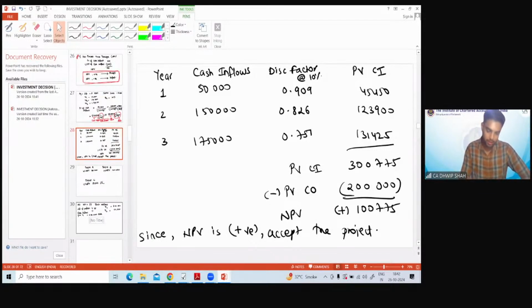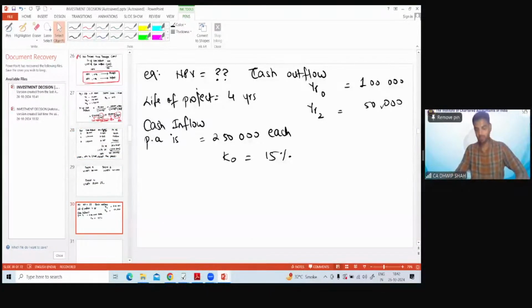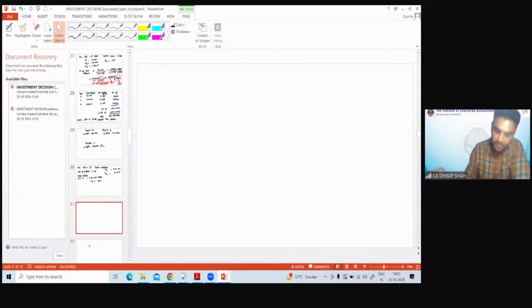Because I want you to explain one thing once you solve this. The question is very simple. Cash inflow per annum is constant at 2,50,000. Cash outflow at today's point is 1 lakh. Additional capital required at the end of year two is 50,000. Life is 4 years and the discounting rate is 15%. So everyone please try it by yourself. The format to calculate NPV is, first you write the years.